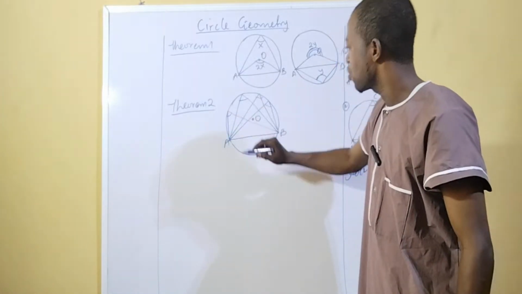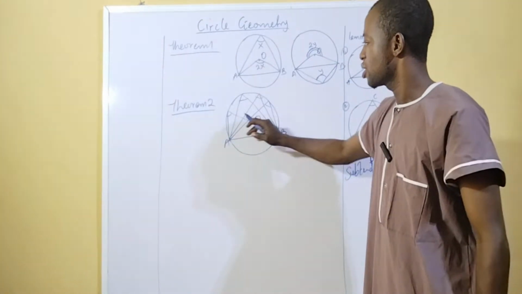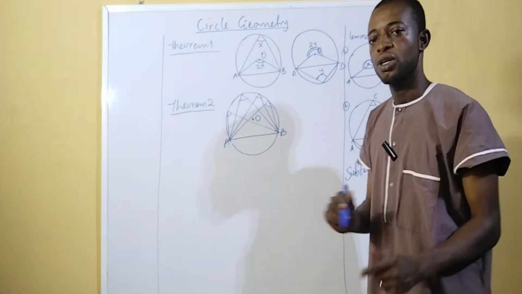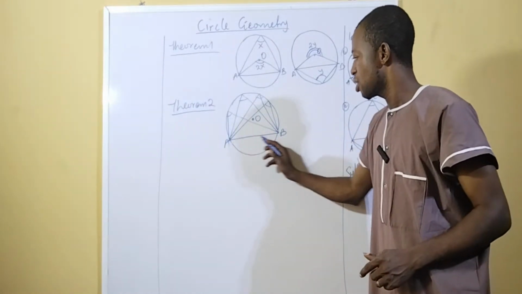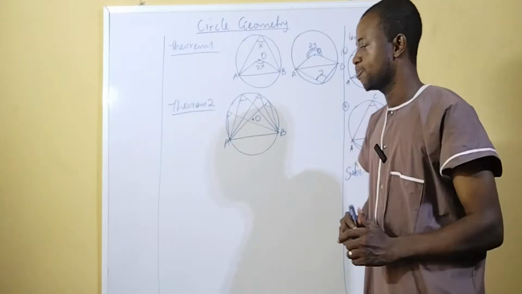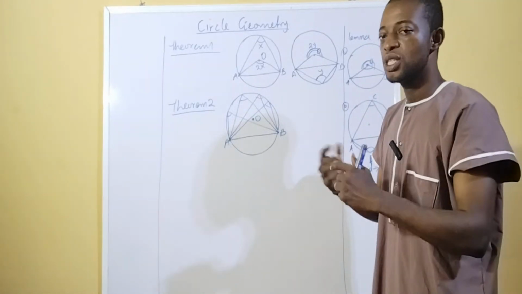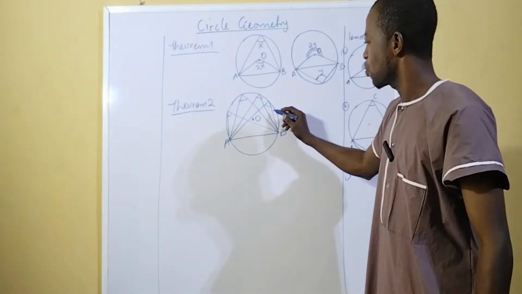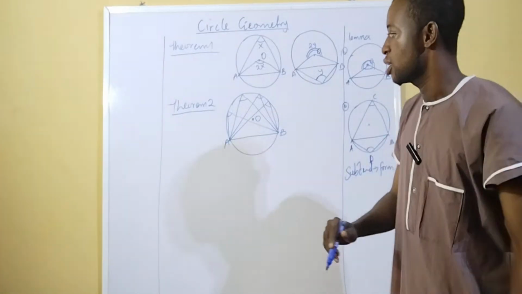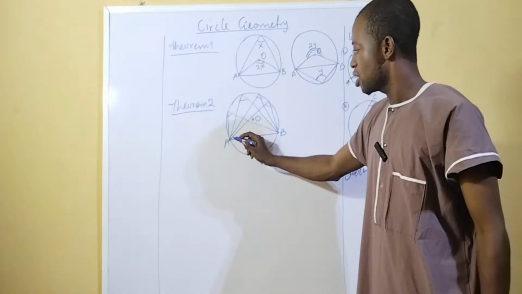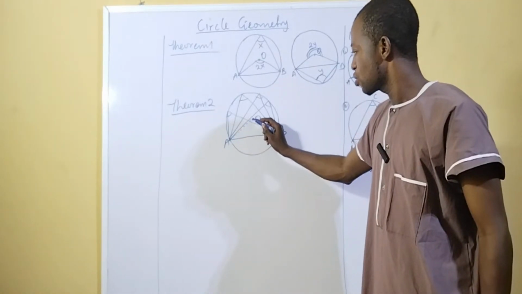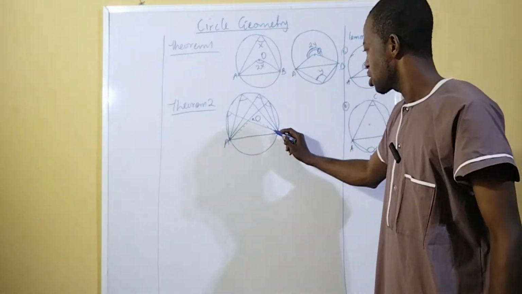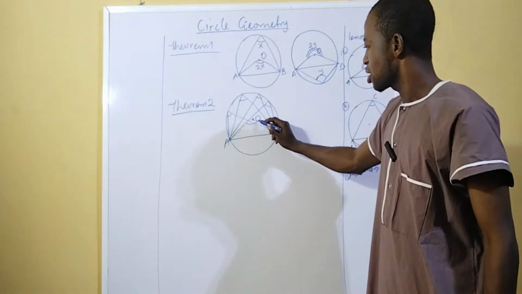So here we have four angles at this circumference, like 1, 2, 3, 4, formed by this chord. All the angles are coming from this chord AB, which means that all these angles here are equal. Why? It follows theorem 1. When we join A to the center, A to O, and also join B to O, this is the angle at the center.